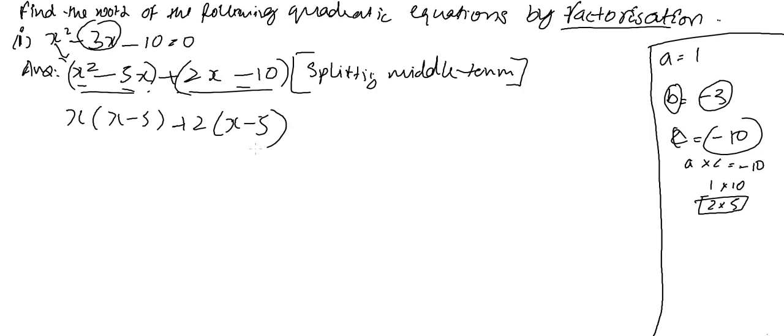How did I get this? I'll show you. You should write like this: how many x is there in x square? 2x. How many x is there in minus 5x? 1x, and 1 minus and 1 five. So the common factor x, I wrote it here, and the other things I wrote here.